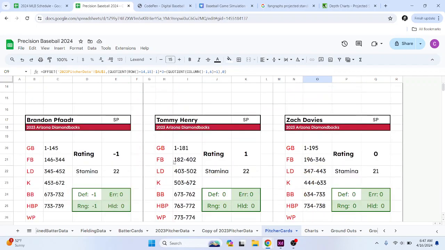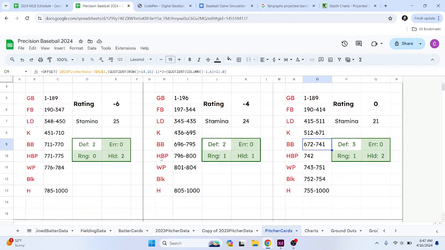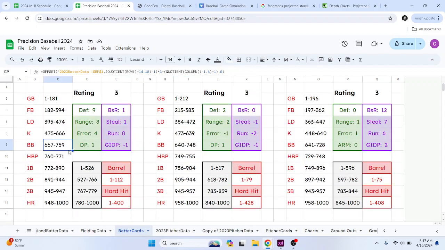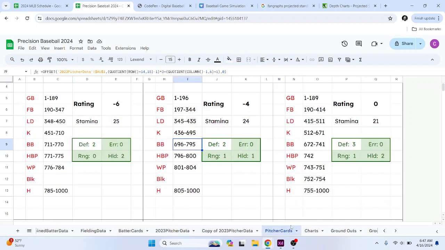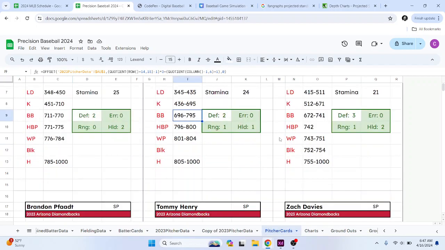Now, as you get to a worse kind of player, maybe that begins to change. So you can see here, walks start happening at 696, and for the batter card, walks start happening at 667. So it's only about a 3% better opportunity off of this card than off of Merrill Kelly.